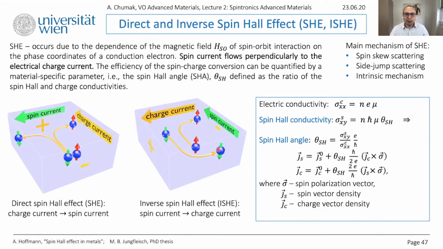But what does it mean? It means that if you have created a spin polarized current in such a heavy metal with large spin orbit interaction, you will get a situation where these electrons will scatter to the same direction. And if they are scattered to the same direction, you will get accumulation of charge already, not spin of electron, but charge. And as a result, you will get a charge current.